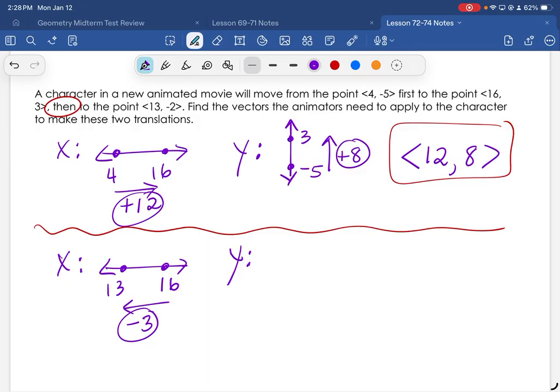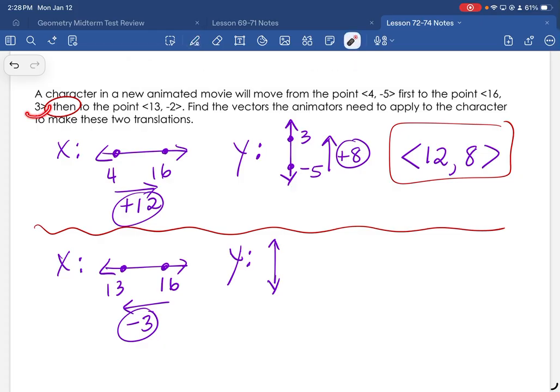Okay, our y, again, vertical line segment. We're going from what to what? 3 to -2. Yeah, because it matters. See right here? We're going from here to here. 3, -2. So let me write this down.